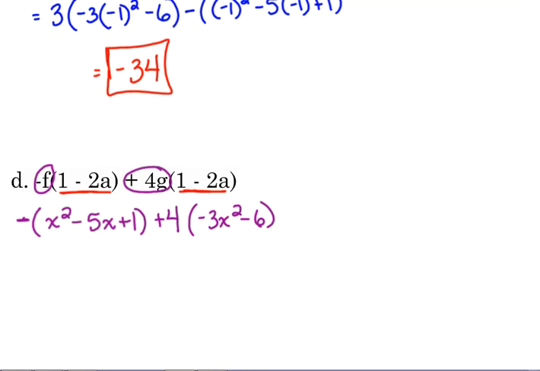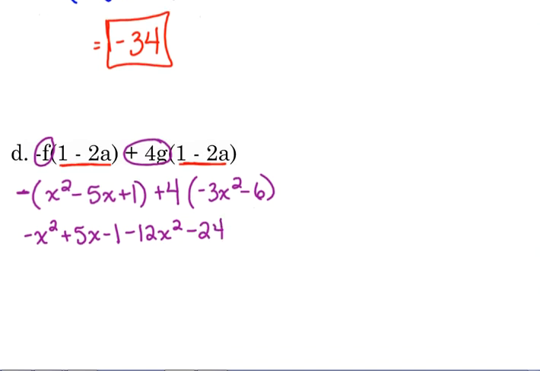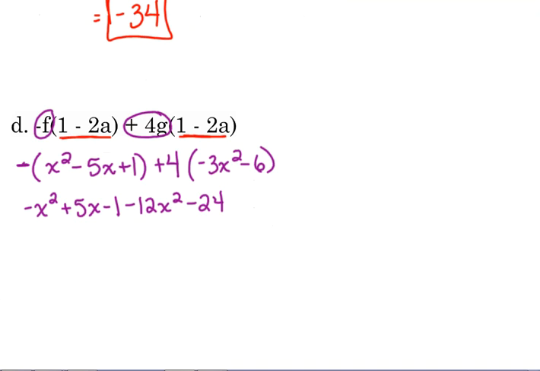All right, so I'm going to simplify this part first. So distribute that negative: negative x squared plus 5x minus 1. Distribute my 4: negative 12x minus 24. Combine like terms: negative x squared plus 5x minus 25.